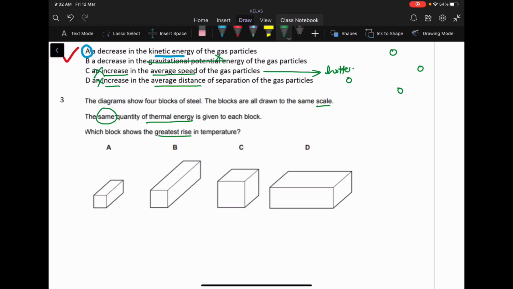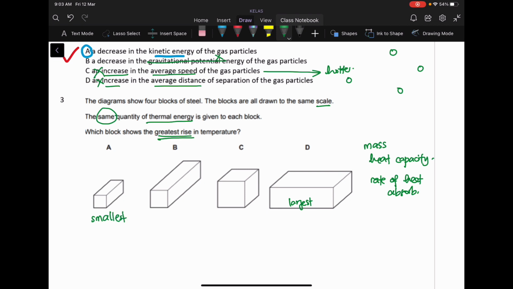In this topic, there is a relationship between mass and heat capacity, and between mass and the rate of heat absorbed. We have A, B, C, D, drawn to scale. This one is considered the largest, and this is the smallest.